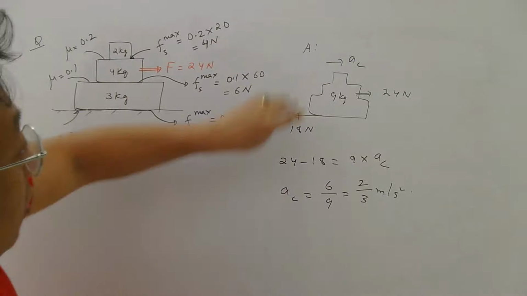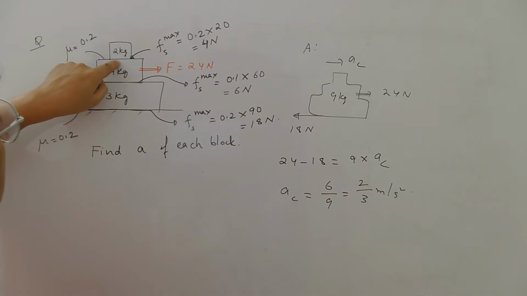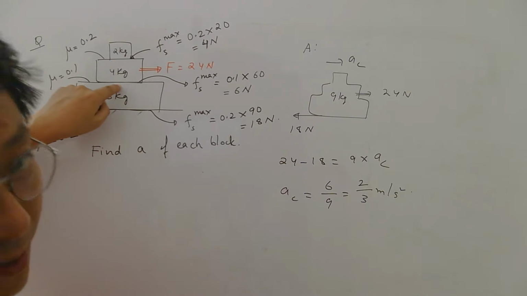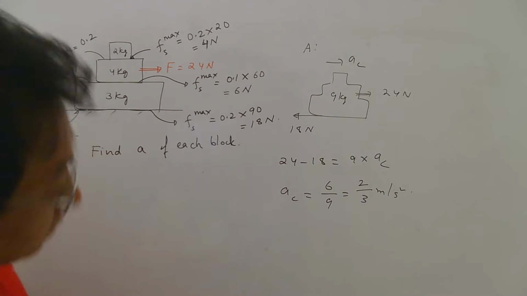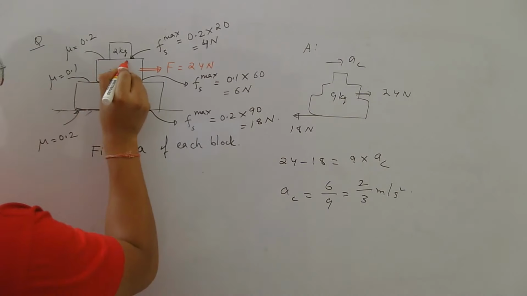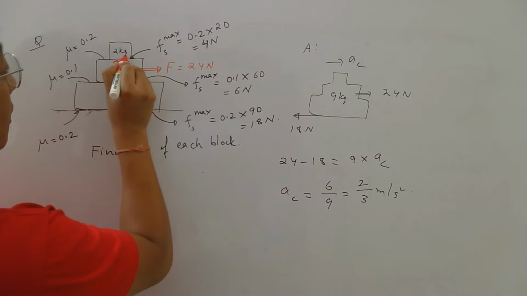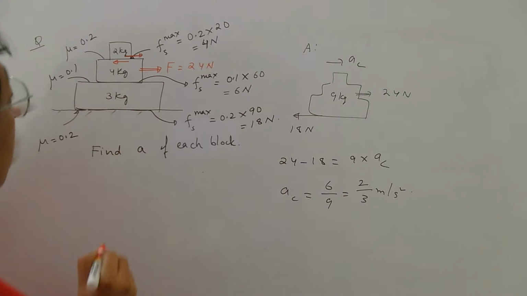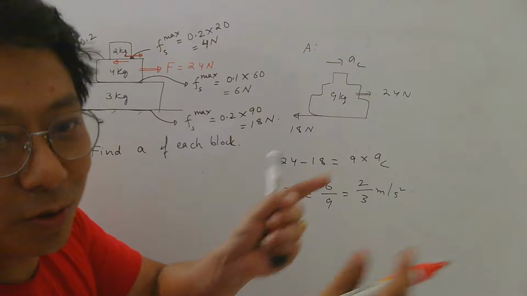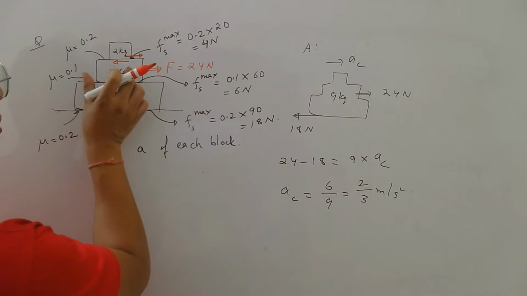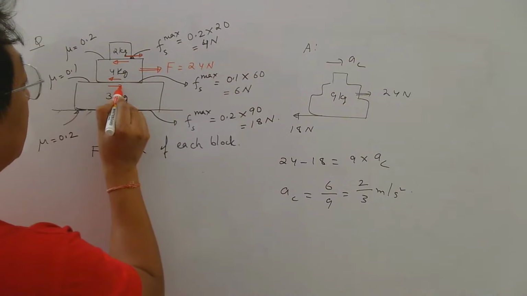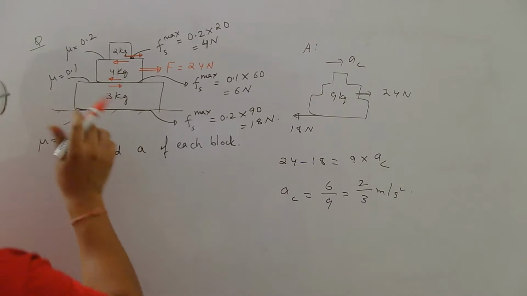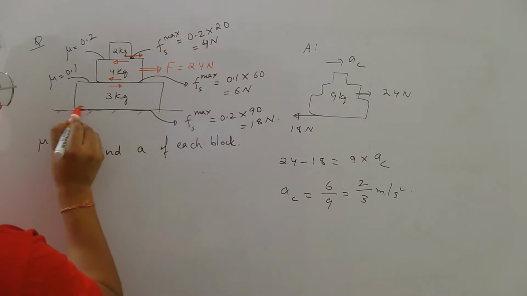Now for all of them to be moving together, friction here will be static, and friction here will be static. When the 4 kg block goes this side, friction on 4 kg will be here, and that reaction will be here. This 4 kg block tells the 2 kg block, you also come with me. And when this goes this side, friction here will be this way, the reaction of that friction will be here, this way, and to oppose that friction here will be this way.